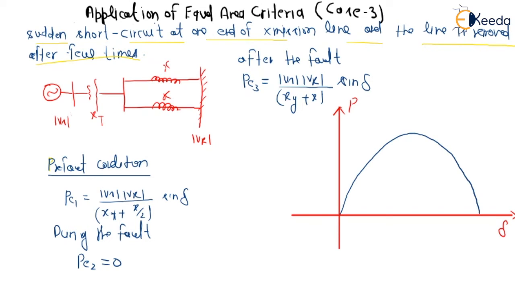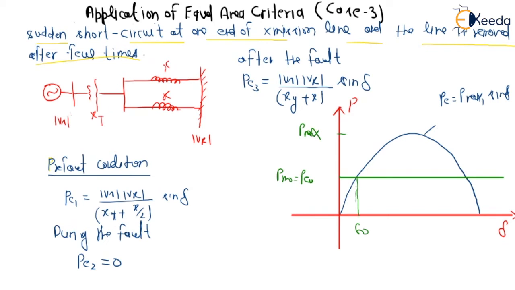This is P equals Pmax1 sine delta, and this value is the initial power transfer, that is Pm naught equals Pe naught. This was operating at some angle delta naught, and this value was Pmax.